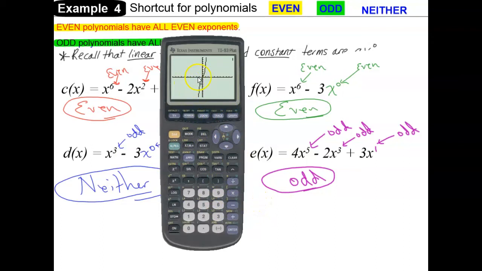And we can see that origin symmetry, as the graph comes through 0, 0, and if we were to reflect in the x-axis and then the y-axis, we would see the symmetry. If we hit trace and type in a value for x, like 1, we get back 5 for y. If we type in negative 1, we should get back negative 5. That would verify that this was an odd function, and it does.